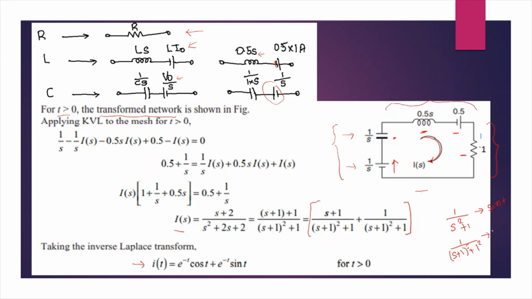So we can understand that it is e raised to minus t, which shows that shift of plus 1, into sin t. Similarly for cos t, S by S squared plus 1 squared would be cos t. Since there is a shift of 1, we have to understand that there will be a term e raised to minus t in front of it. So that is how we got the final answer. This is the current for t greater than 0.